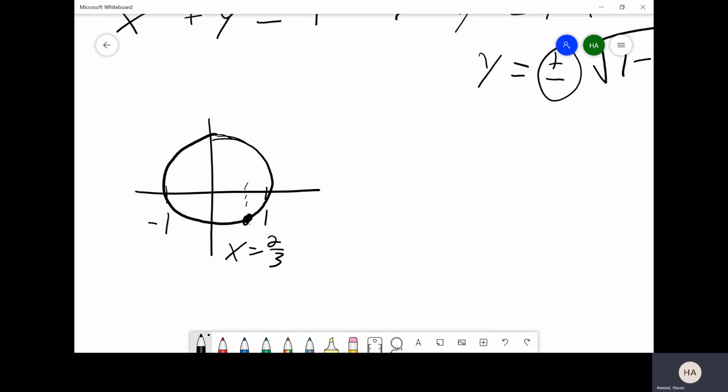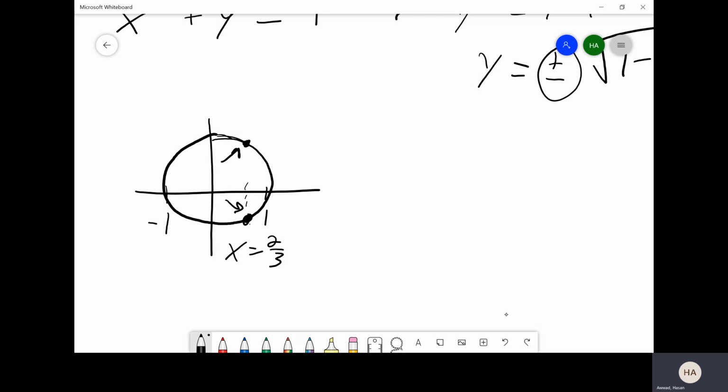Well, notice that our y value for x equal to 2/3 is at this point here, but it's also up here at this point. So x equal to 2/3 maps to two different points on the circle, and hence we have two different y values. So we see here that this is not a function. A circle is not a function, okay?